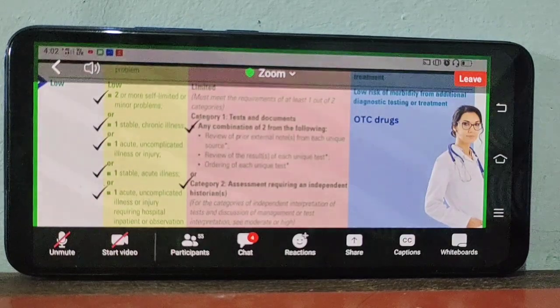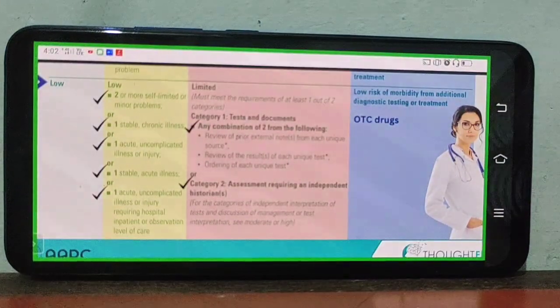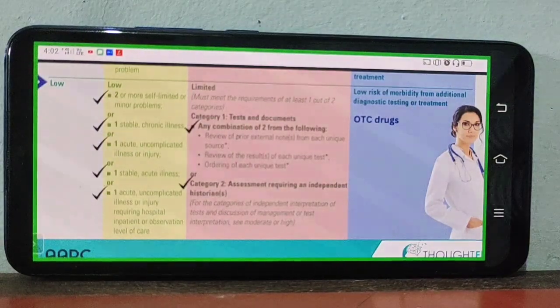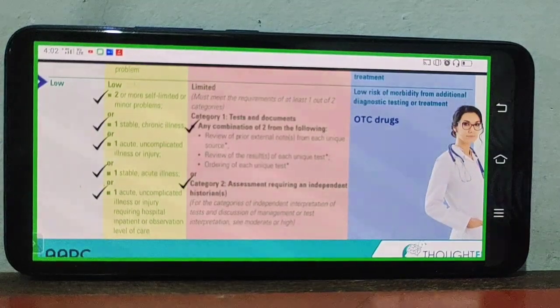So there are 3 points, and from these 3 points, we need any 2. Each and every point has a separate use.